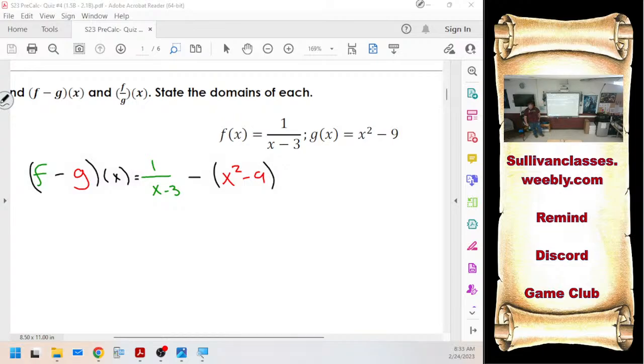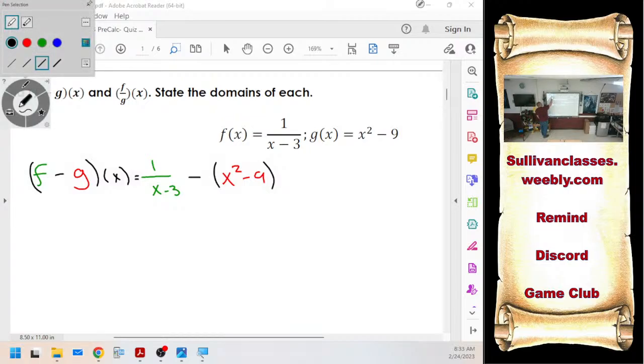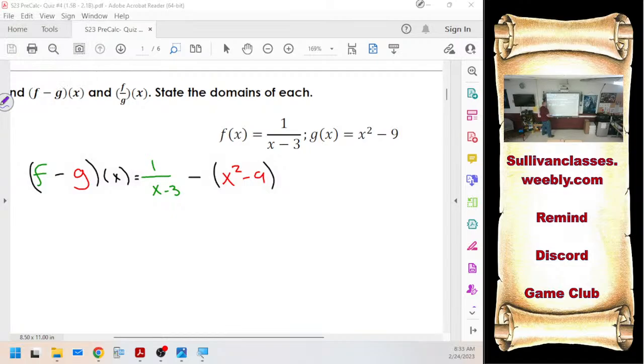You got to clean it up. Now there's options here. Option 1, I just write it: -x squared plus 9 plus 1 over x minus 3.